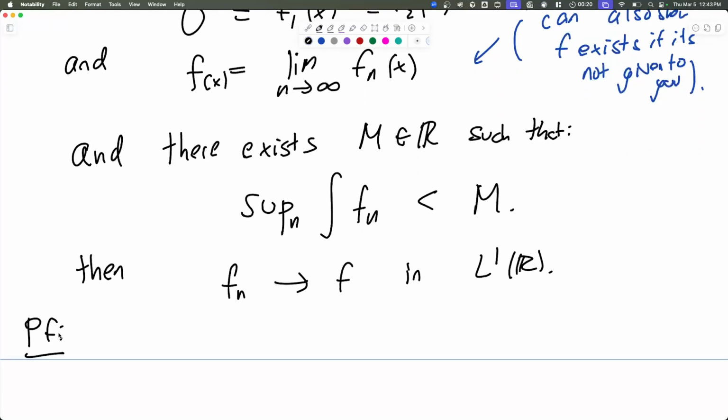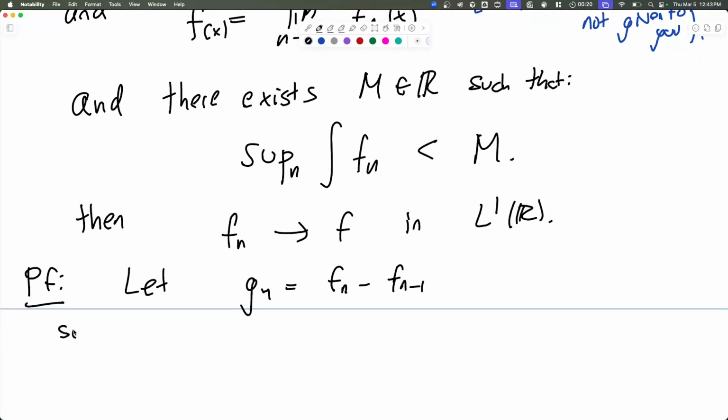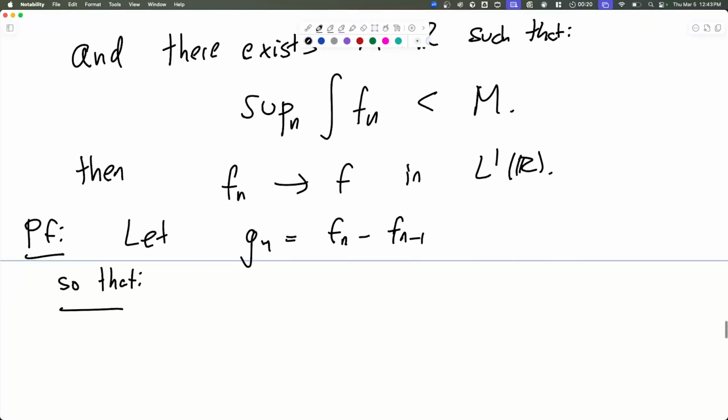And all you've got to do is let Gn equal Fn minus Fn minus 1 so that Fn equals F1 plus the sum from m equals 1 to n of Gm.